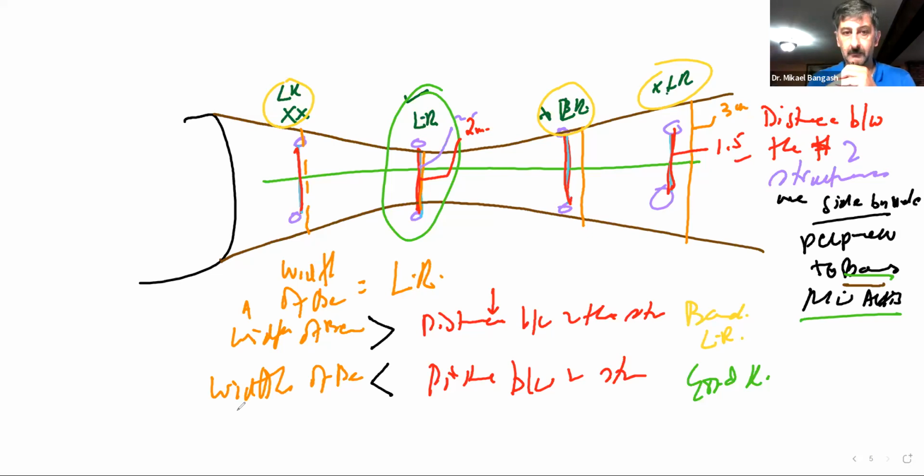lateral resolution. Whereas for your axial resolution, you can say the distance between this structure and this structure, this structure and this structure, these distances here, what are they going to be compared to?